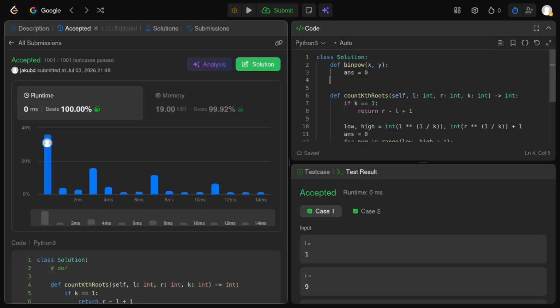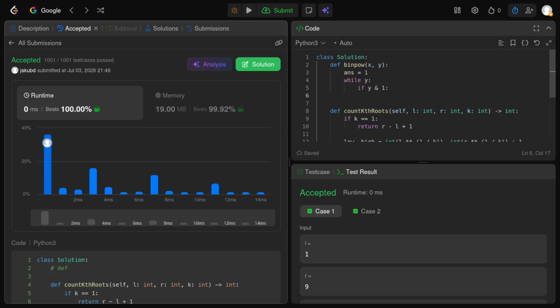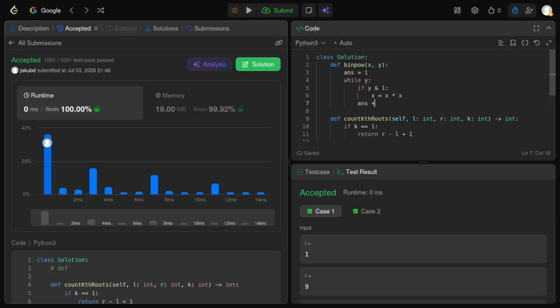So answer is 1. And now while power is positive, we could do it recursively, but I like the iterative version. If power is odd, then ans times equals x, and otherwise x times equals x, and we divide the power by 2 and return the answer.